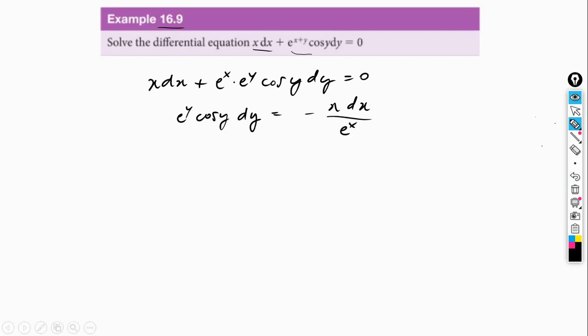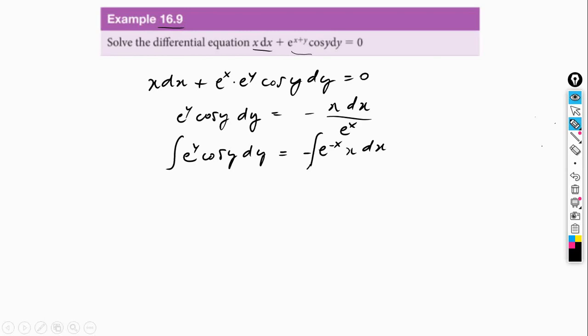And then we could just rewrite this as e to the y cosine of y dy is equal to minus e to the minus x dx. Then we integrate both sides. And this is a case where you would have to use integration by parts. I recommend you do it as an exercise.